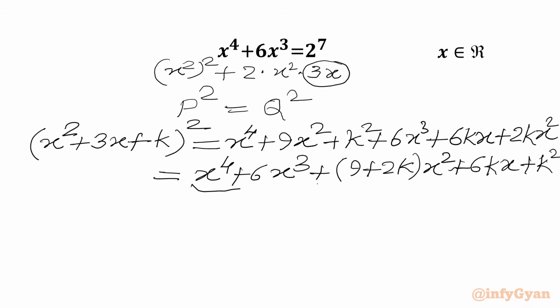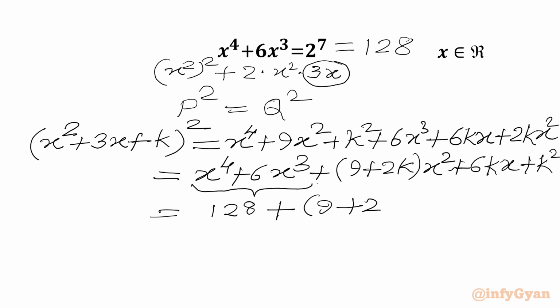Now as per equation, x power 4 plus 6x cube is 128. So here we can write 128 plus 9 plus 2k times x square plus 6kx plus k square.